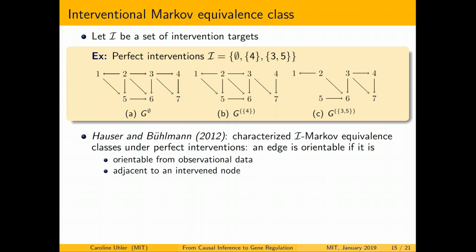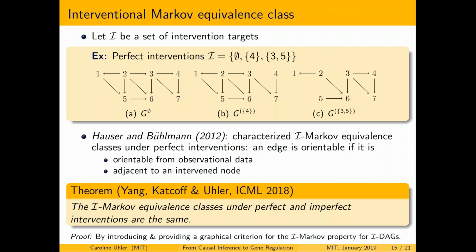What has already been done is characterizing this identifiability question: we had these Markov equivalence classes, so how do they break up when you have perfect, most invasive interventions? This was shown by Hauser and Bühlmann from ETH Zurich. Now, surprisingly, what we showed is that independent of whether you have perfect or imperfect, invasive or less invasive interventions, these equivalence classes are the same.